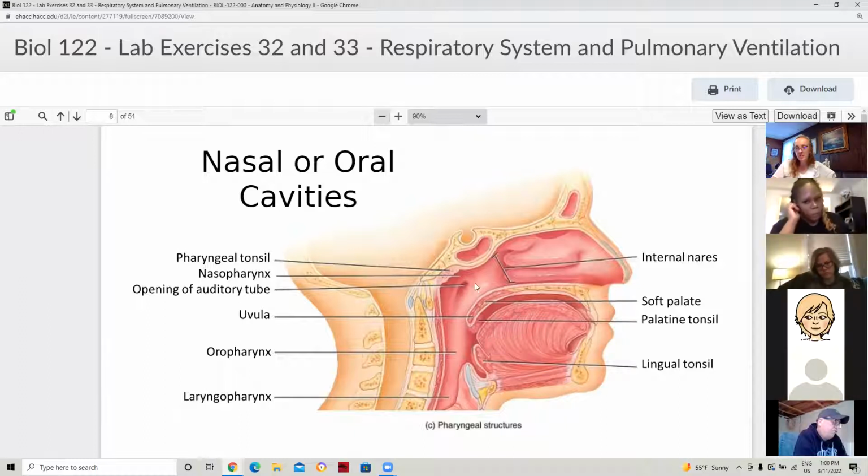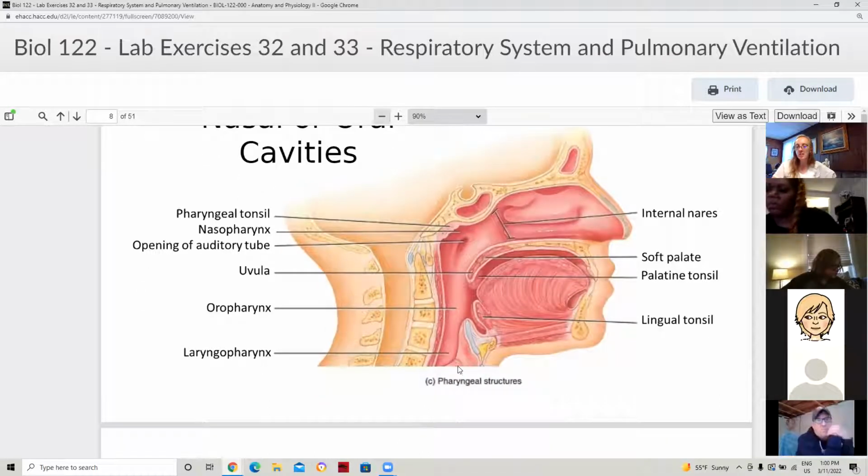Here's the nasal pharynx right behind the nasal cavity. Here's the oropharynx right behind the oral cavity. And here's the laryngeal pharynx right next to the larynx down here. Palatine tonsil on the soft palate, lingual tonsil, lingual meaning tongue.